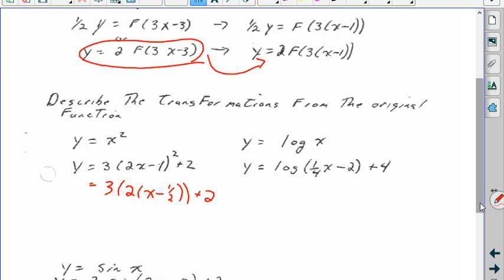Now, because we have everything in nicely factored form, we can go ahead and read that. We have a vertical stretch by 3. I'm going to be lazy and not put the lines. Horizontal stretch by how much, Alexis? 2 or 1/2? The horizontal is 1/2.